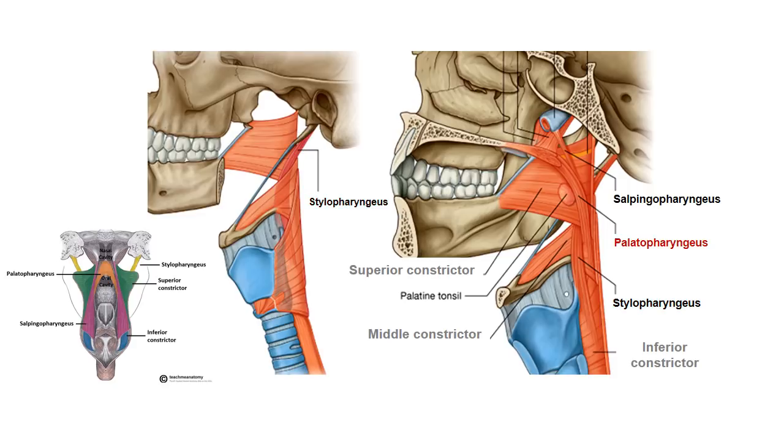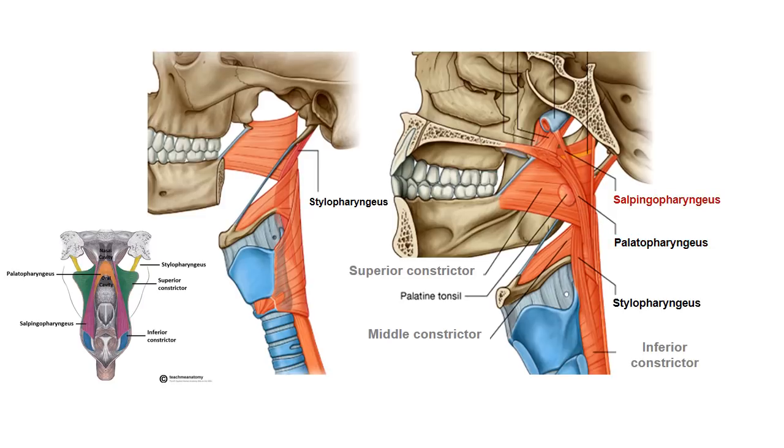The palatopharyngeus muscle rises from the soft palate. It helps to form a fold of the same name, in other words, the palatopharyngeal fold. It extends inferiorly and posteriorly to attach onto the pharyngeal muscles and also onto the thyroid cartilage. It is innervated by cranial nerve 10.